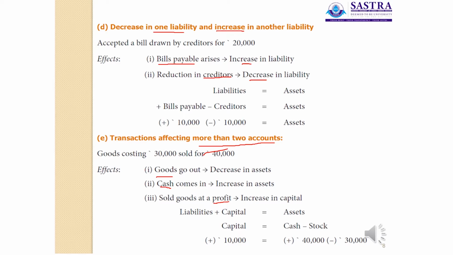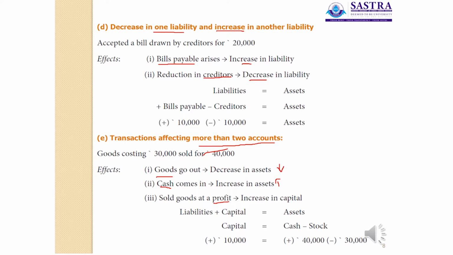Here goods costing rupees 30,000 are sold for 40,000. So goods go out of the business, automatically the asset value decreases, that is the stock value decreases. Cash comes into the business, so the asset value increases. The 30,000 is the cost price of the goods, which are sold for 40,000, the selling price. Now we have to find out the profit.